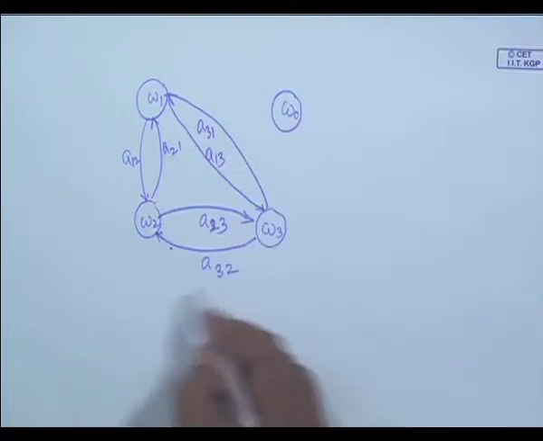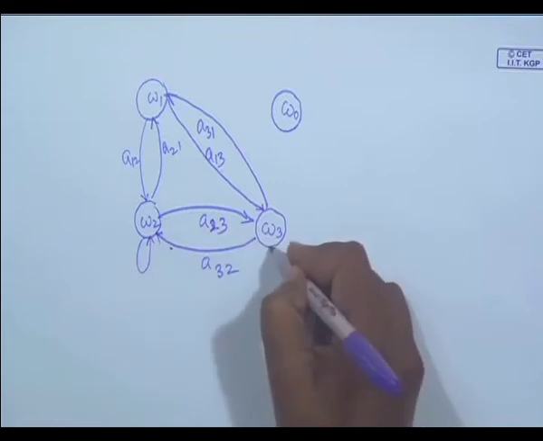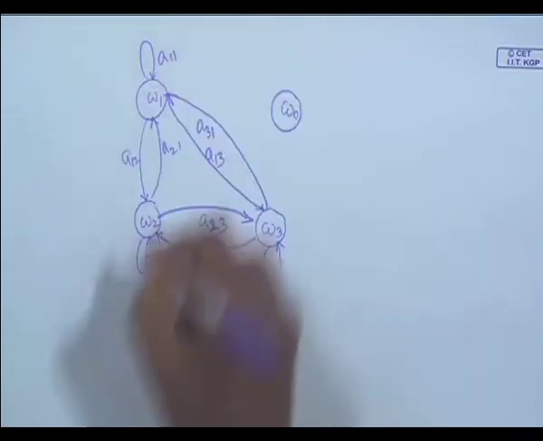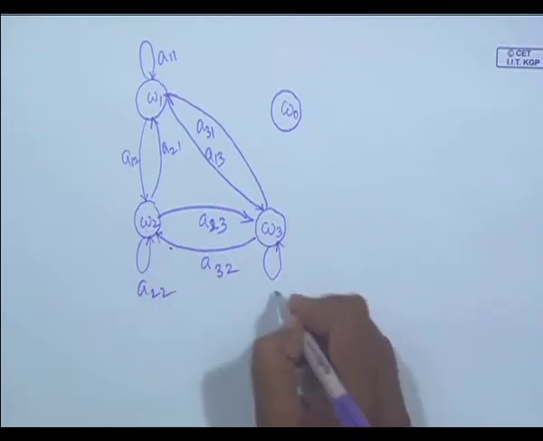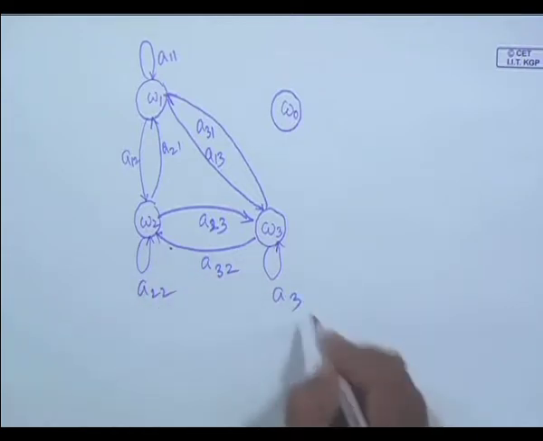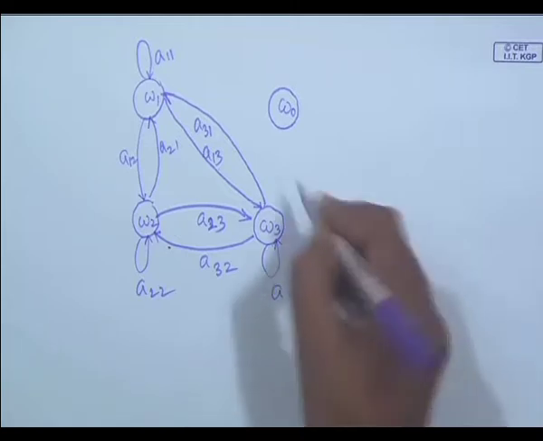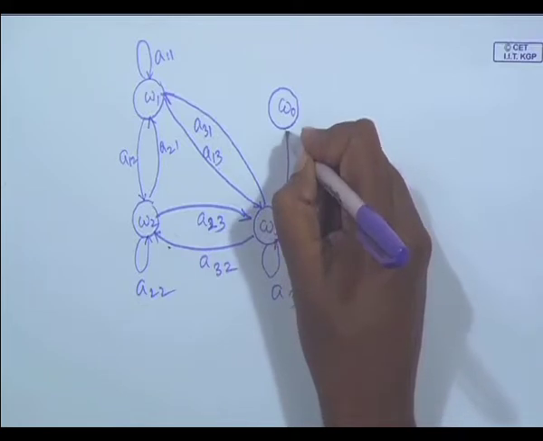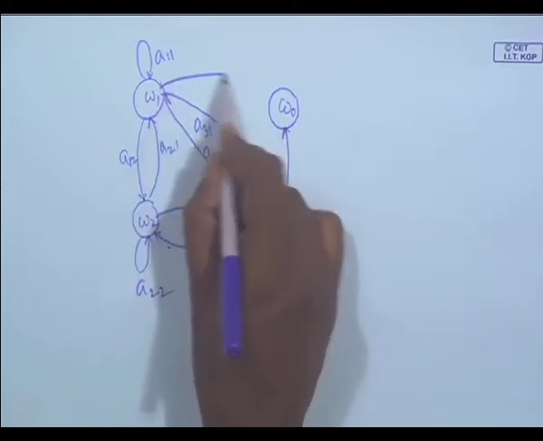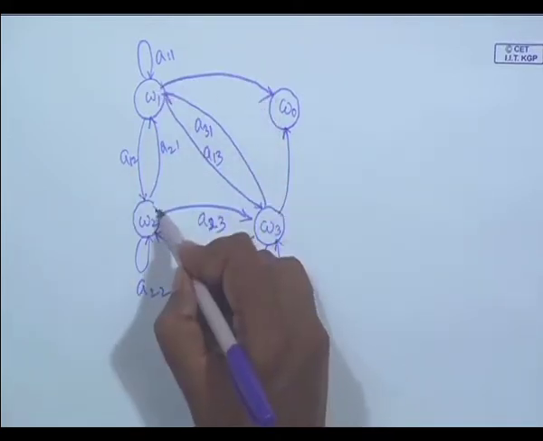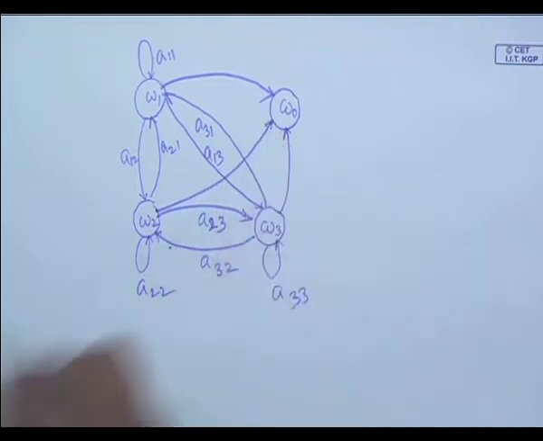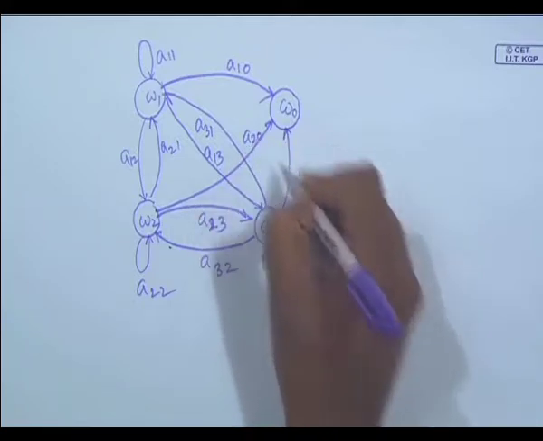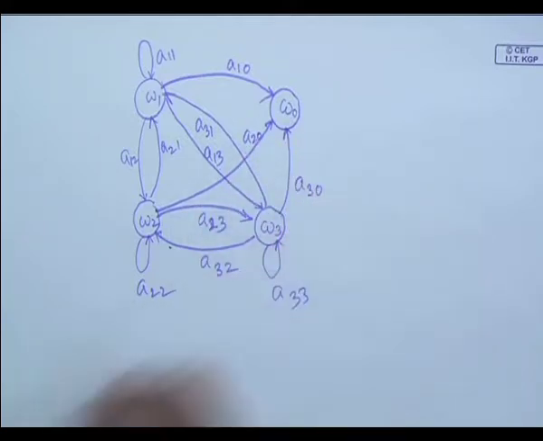Up to this it is fine. I can have self transitions, A11, A22, A33. But from any of the states, it can make a transition to omega 0. So here it will be A10, A20, A30.